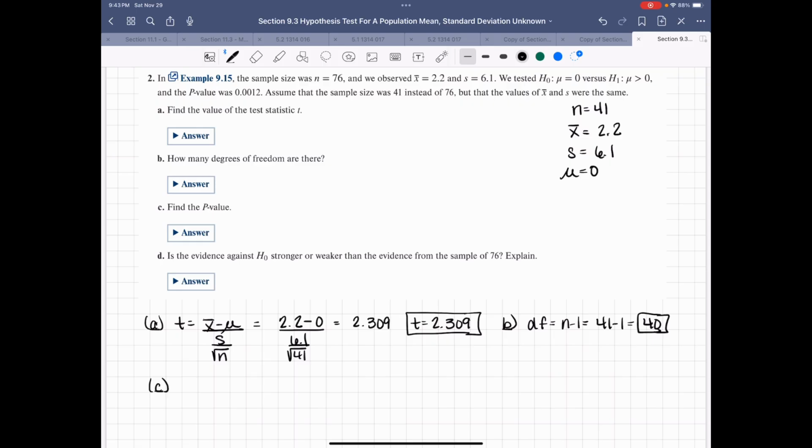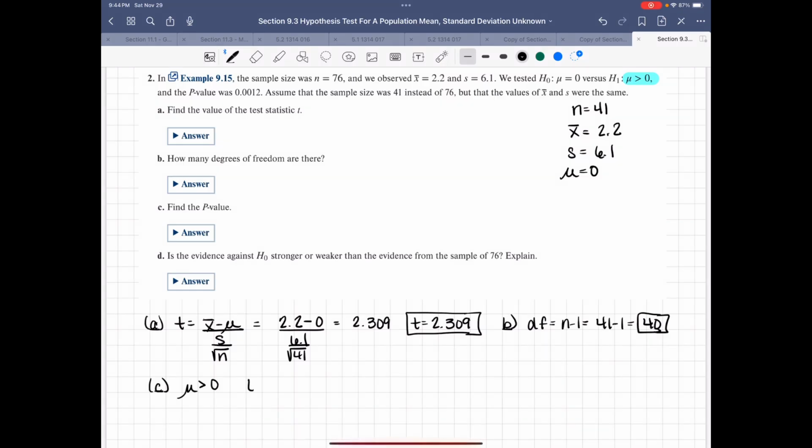says find the p-value, okay? So we are looking at, it says mu is greater than 0. So I know that mu is greater than 0.